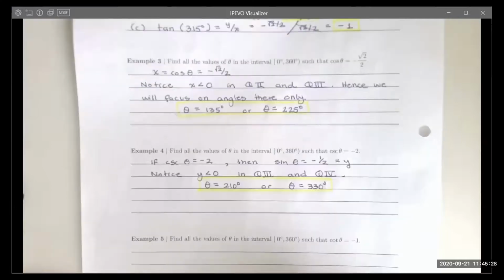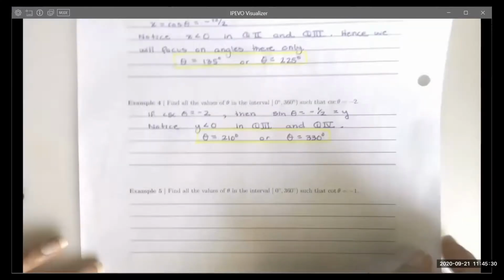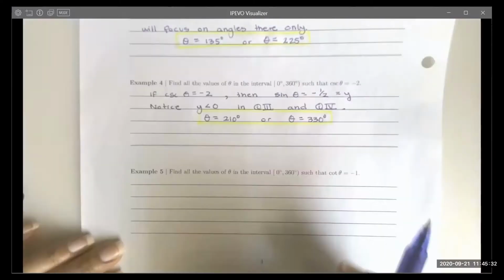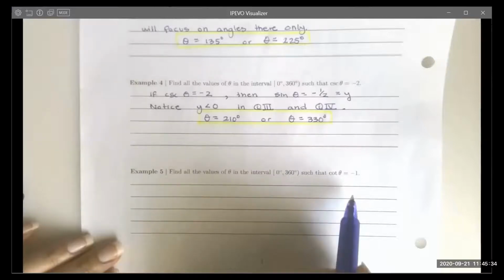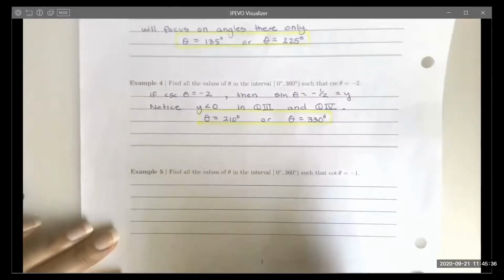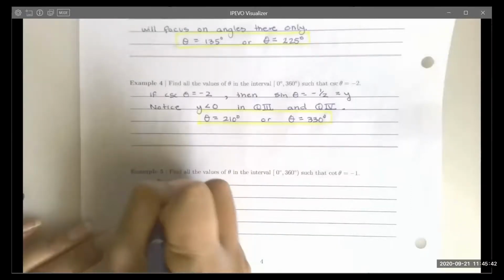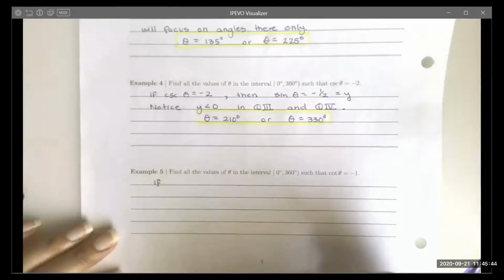All right. Example number 5: find all of the values in the interval 0 to 360 such that cotangent of theta is negative 1. Again, we don't have cotangent, but we could use the second definition.